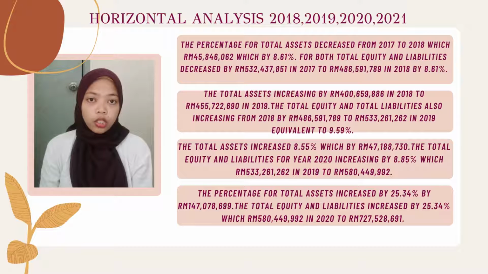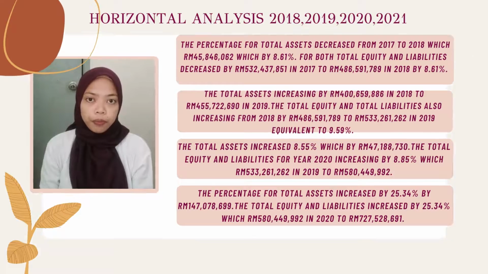The total equity and total liability in 2019 is equivalent to 9.59%. The total asset increased by 8.55%. The total equity and liability for year 2020 increased by 8.85%. The percentage for total asset decreased by 25.34%.